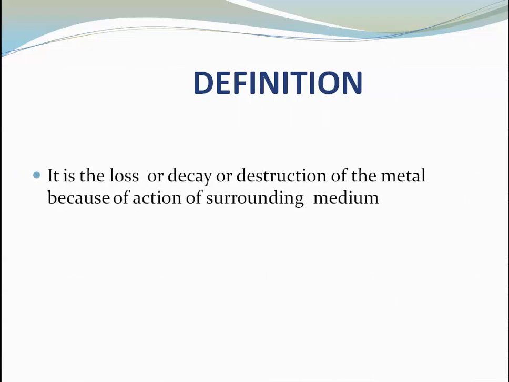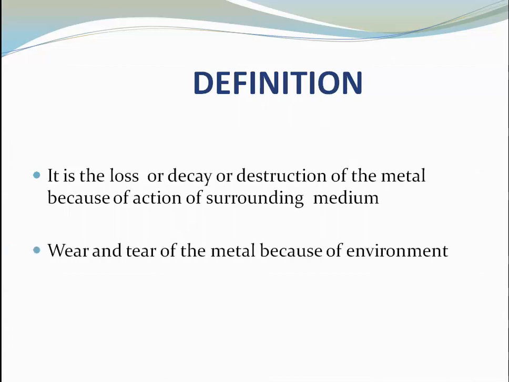Corrosion is the loss or decay or destruction of the metal because of the action of surrounding media. Corrosion can also be defined as wear and tear of the metal because of environment. The words surrounding medium and environment are very important here.